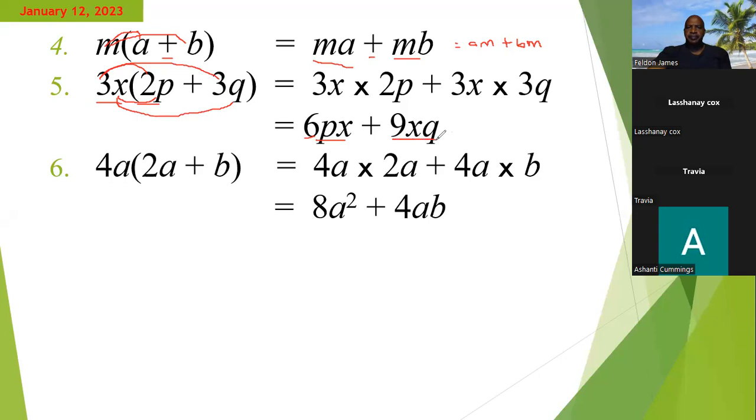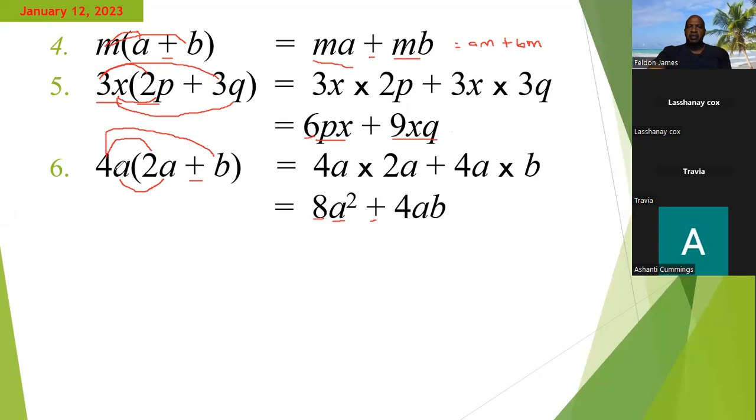All right, for this one, 4a times 2a, multiply the numbers together, 4 times 2 is 8, multiply the letters together, a times a gives you a squared, keep the sign in the middle here. Then we do distributive again, 4 times b.